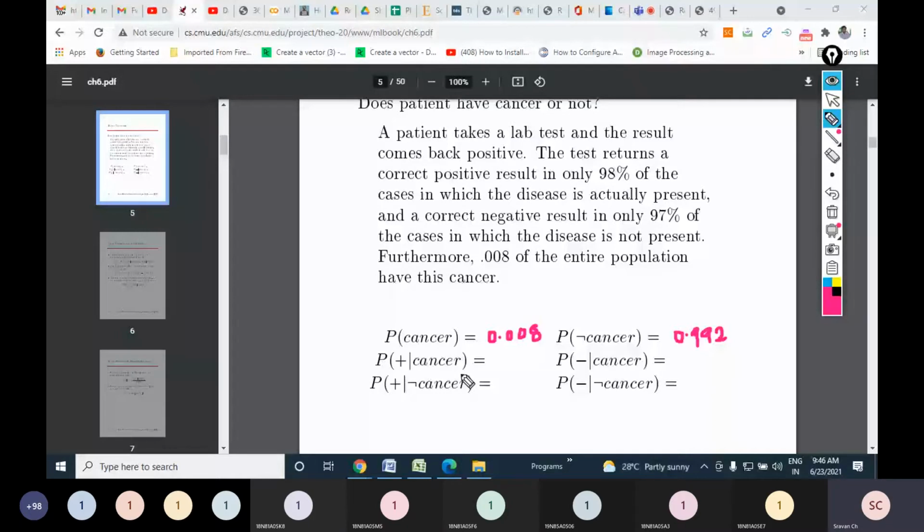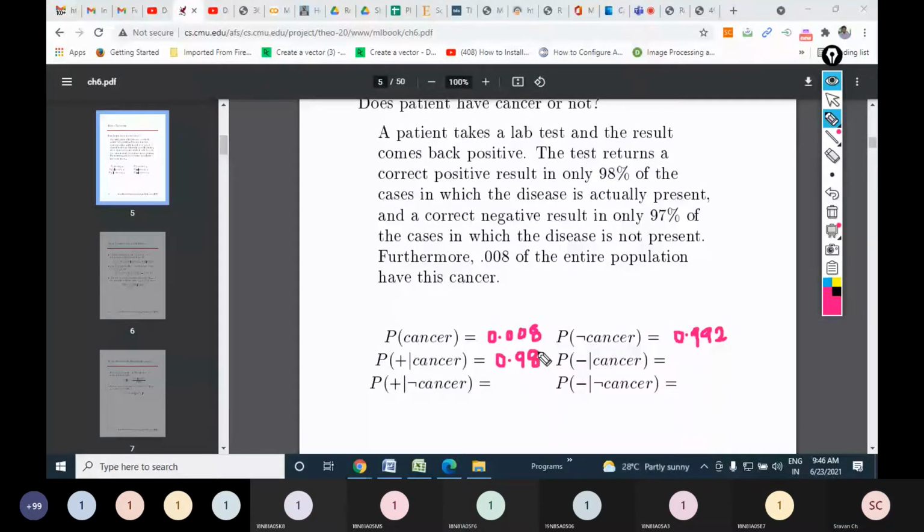What is the percentage of positivity? The test returns a correct positive result in 98% of cases, so the positive percentage is 98. That will come here as 0.98.